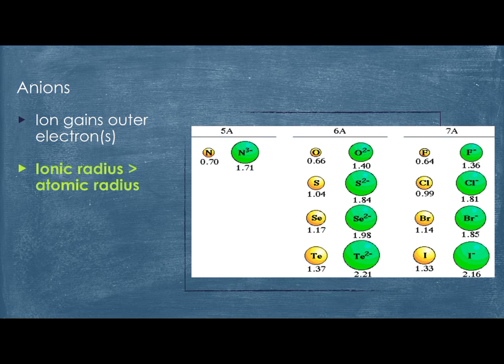The electrons will repel each other more, and therefore the cloud is going to expand, hence the ionic radius is bigger than the atomic radius.